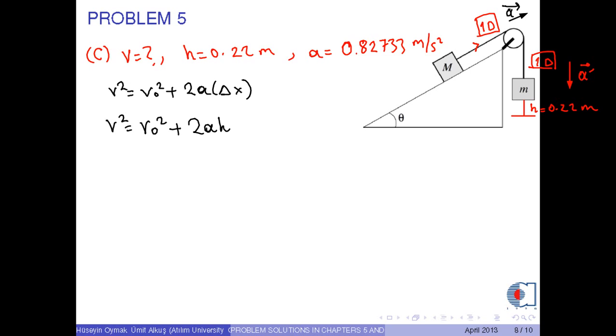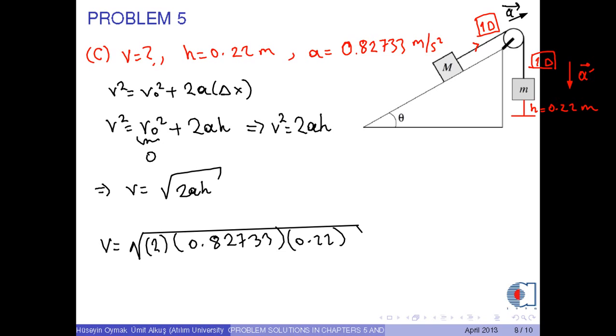Here we adjust this equation to our problem as v squared equals v0 squared plus 2 times a times h, or since the blocks are initially at rest, then we obtain v squared equals 2 times a times h. Therefore, the formula for speed will be v equals the square root of 2 times a times h.